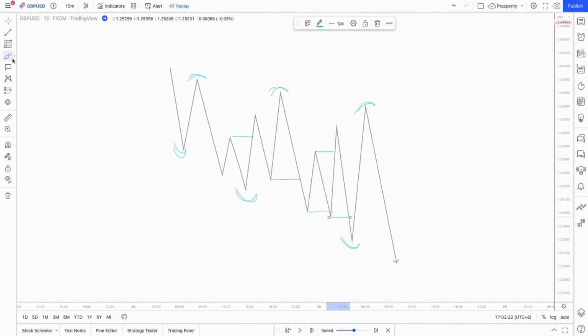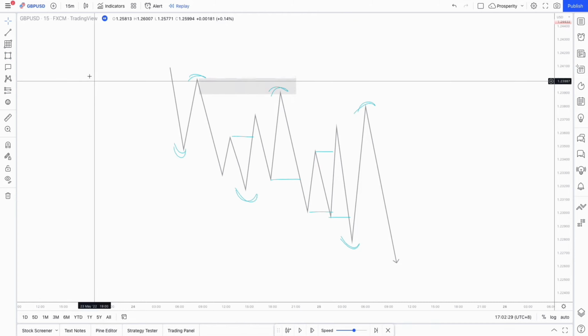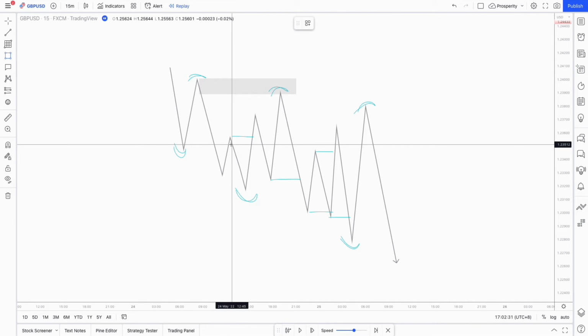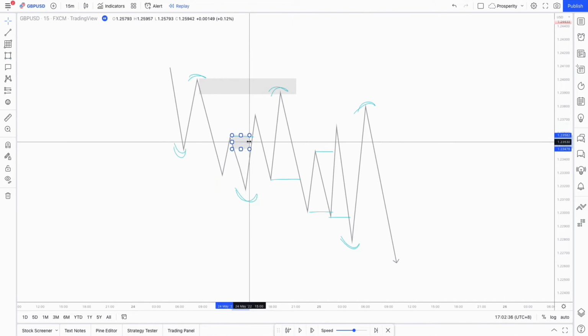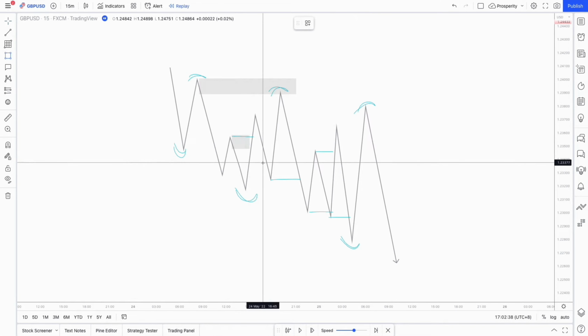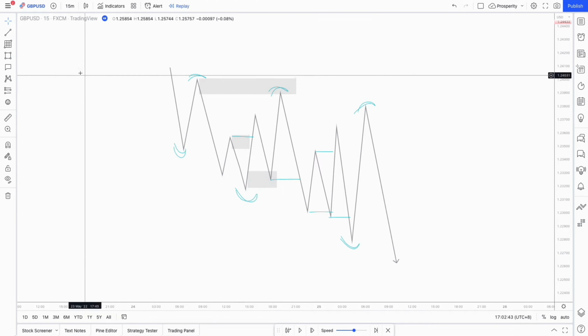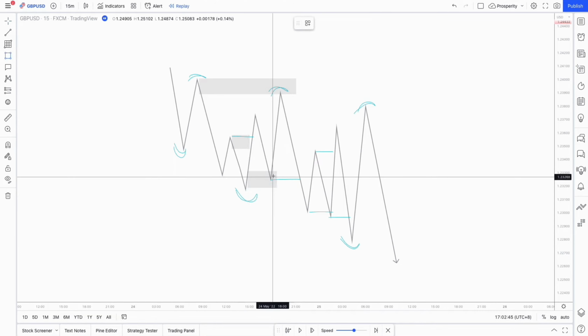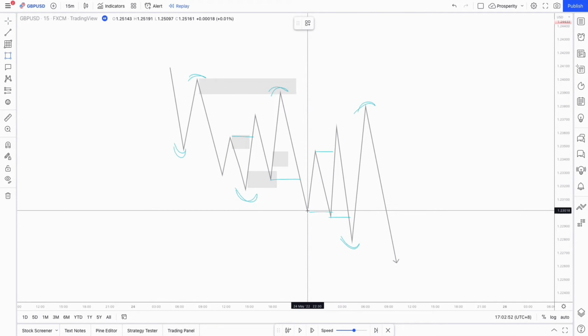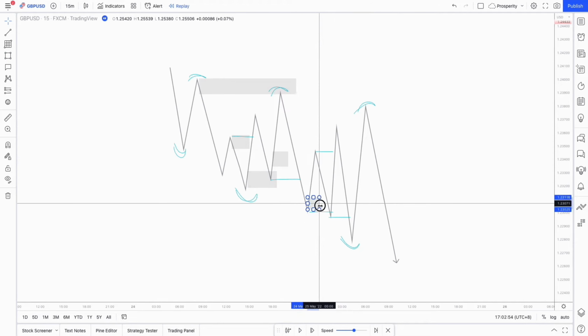So in this leg, let's use our supply and demand levels. Let's say there is a level of supply right here, another level of supply right here, a level of demand right here, another level of demand right here, and demand here.